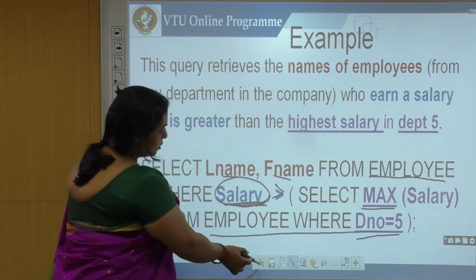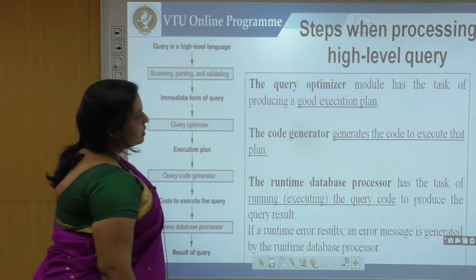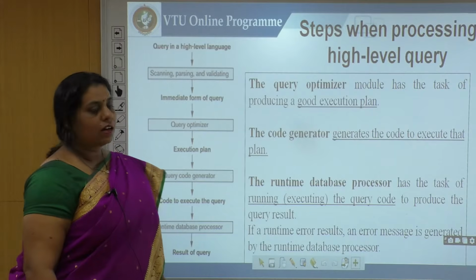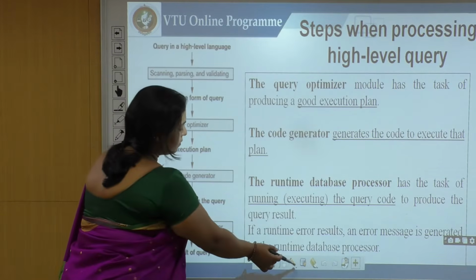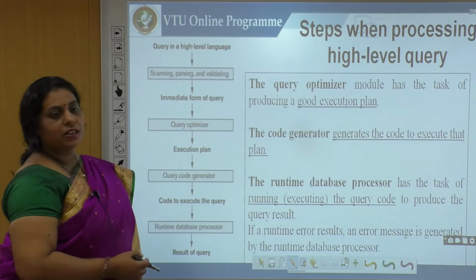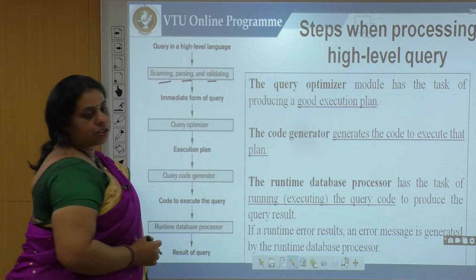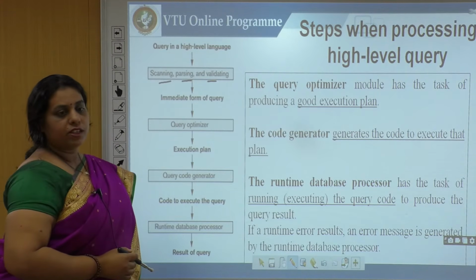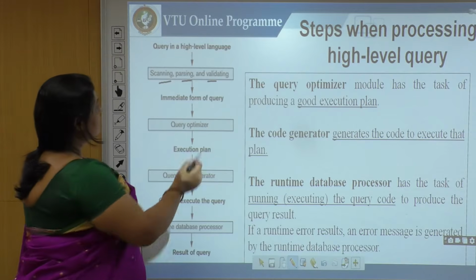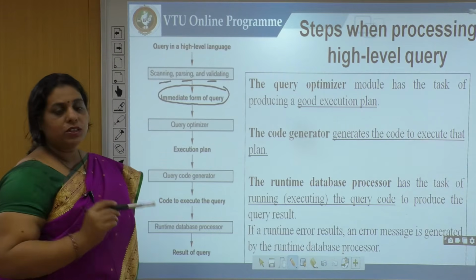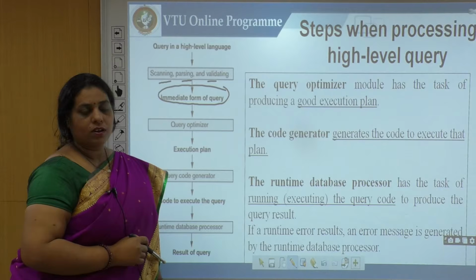So what will the query processing do now? What are the query processing steps here? A high level query is written, right? I have written a high level query here. We do the scanning, parsing, and validation is over. Next, that valid query will be sent to the optimizer.